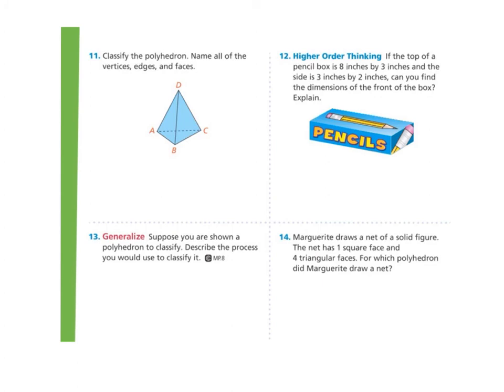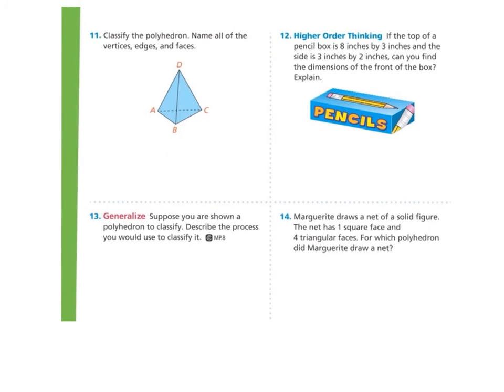Number 11, they want us to classify this, and name all the vertices, edges, and faces. So this one, we could see would be a triangular pyramid. We're not going to worry as much about naming all of these things as telling how many there are. So vertices are like corners. You can see at the bottom we'd have 3 plus 1 on top, so there would be 4 vertices.